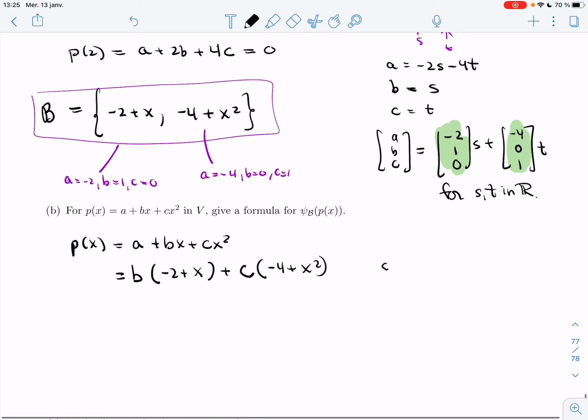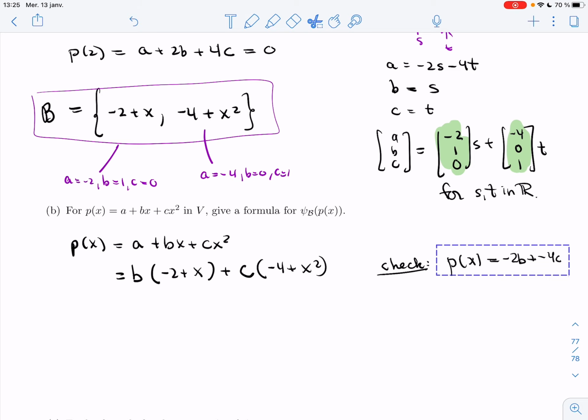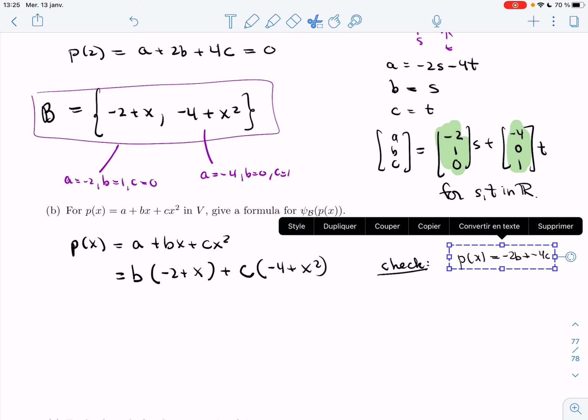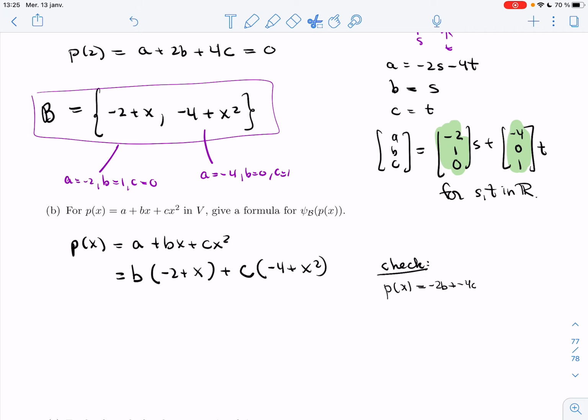And just to check that the constants match, because I haven't used that, if I look at the constant, I would get that P of x is minus 2b plus minus 4c, and then I'll have bx plus cx squared. So I took the only choice that would make this right, but I just want to check that the other one's right as well.